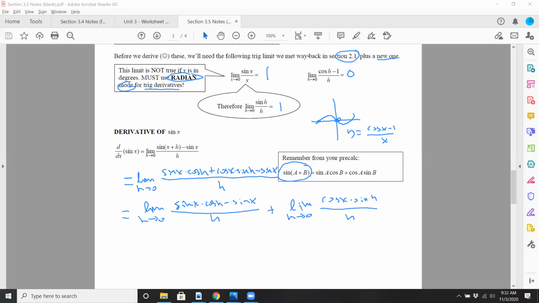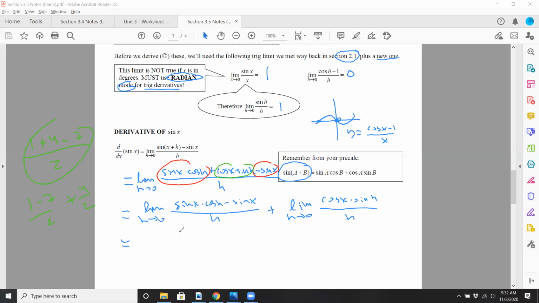Essentially, I combined these two to be in one fraction, and I combined this one to be in another fraction. Remember, if you have like 1 plus 4 minus 7 over 2, I could totally write this as 1 minus 7 over 2 plus 4 over 2. There's no reason why I can't do that, because if I bring them back together, I get back to my original fraction. Just being creative with my fractions, not breaking any rules here.